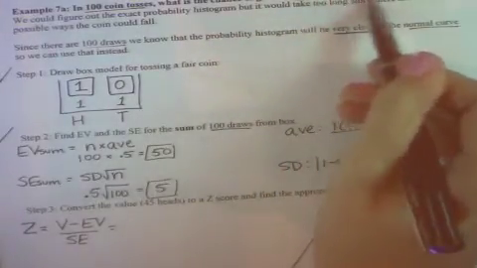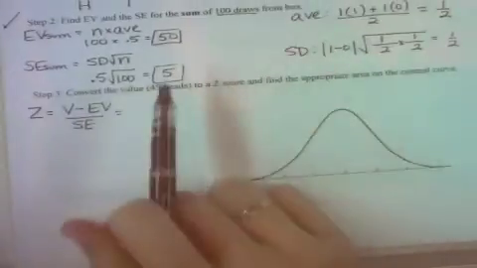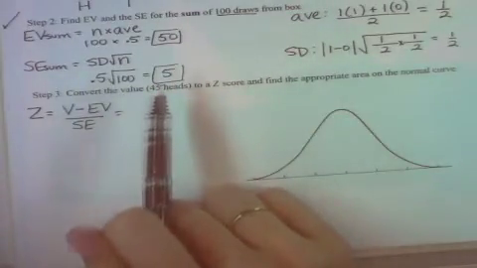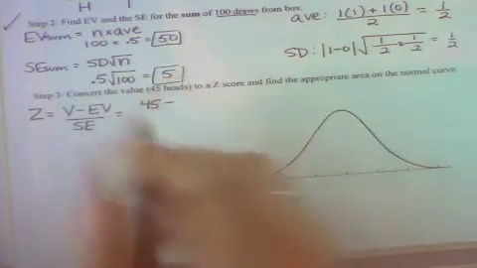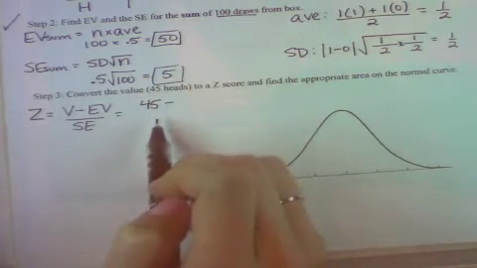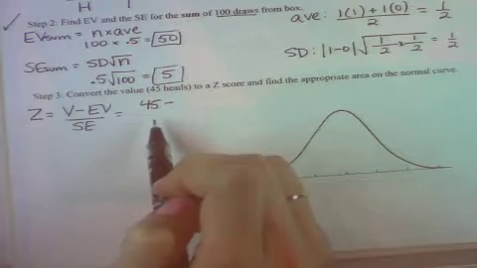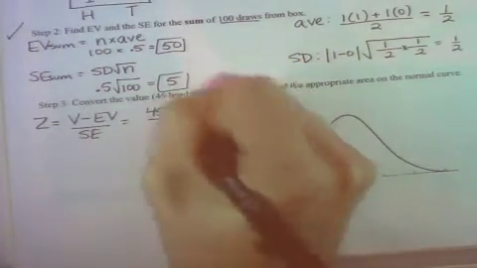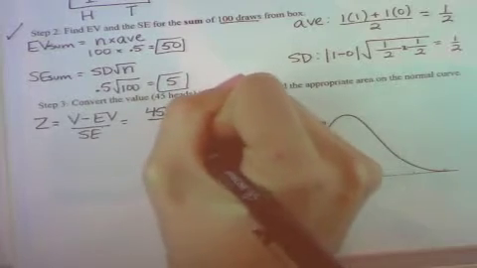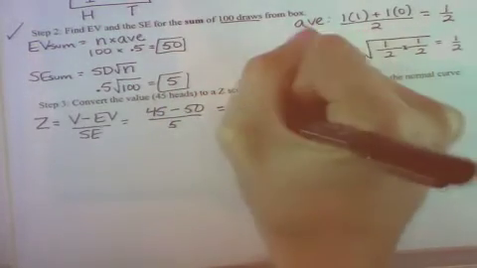They're concerned with the probability of getting less than 45 heads. That's the number of interest, right? So that is going to be our value. So 45 heads. And what was our expected value for 100 tosses? 50. And divide by our standard error, which we said was 5. So we're going to get a z-score of -1.